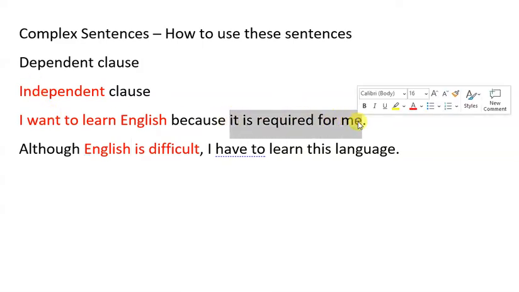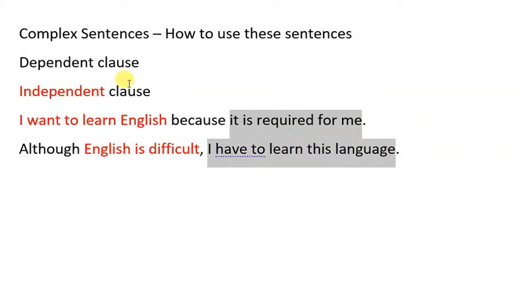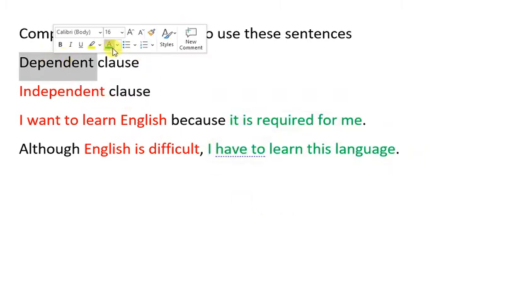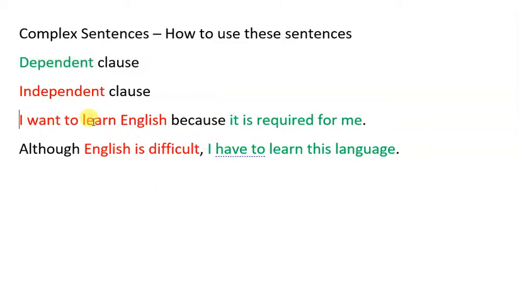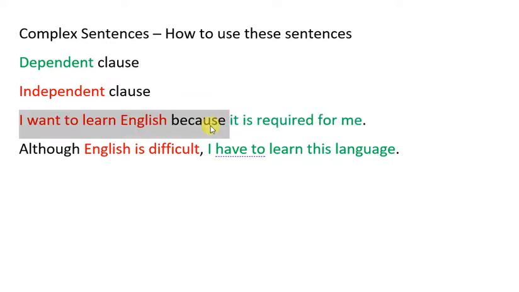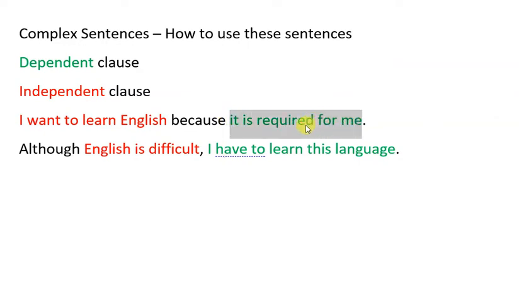It is required for me and I have to learn this language. So this has a different meaning. This is a dependent clause, because if I delete the other part and just say it is required for me, what is required? That is not a complete idea. This clause depends upon another clause.